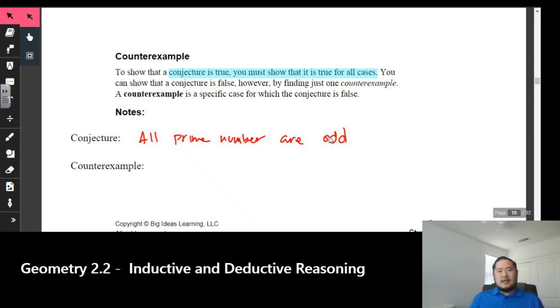We can say 17, 19. Those are all prime numbers. But there is one that we can find as a counterexample that will discredit everything, and it is going to be the number 2. 2 is prime and even. So it just takes one counterexample right here, the specific case that makes the conjecture false.